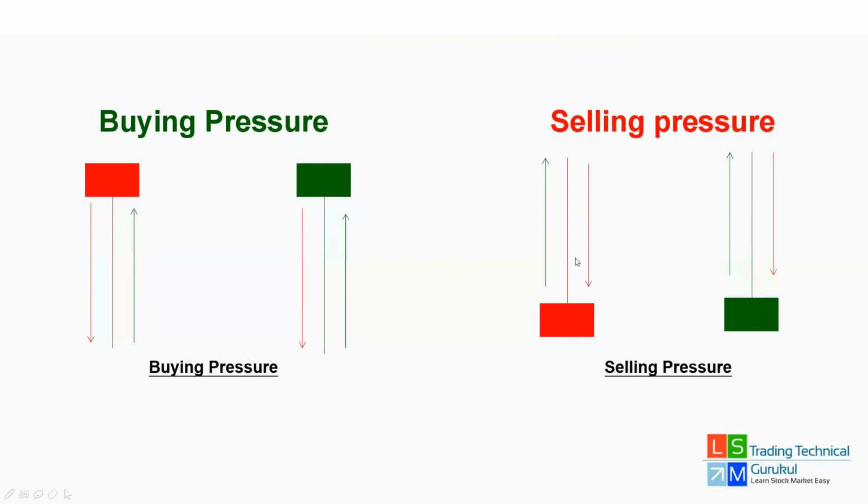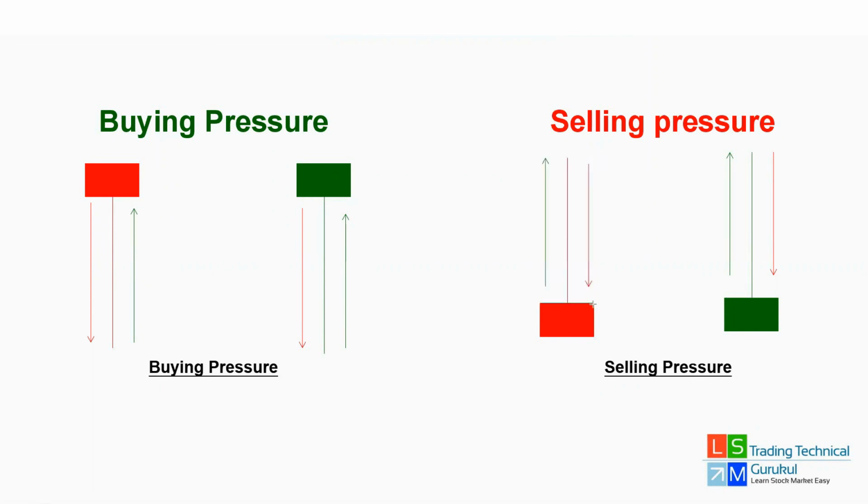Another is the selling pressure candle. The selling pressure candle looks like this. It tries to move up fast, starts moving up, buying, and there is some selling pressure, and it tries to move down.